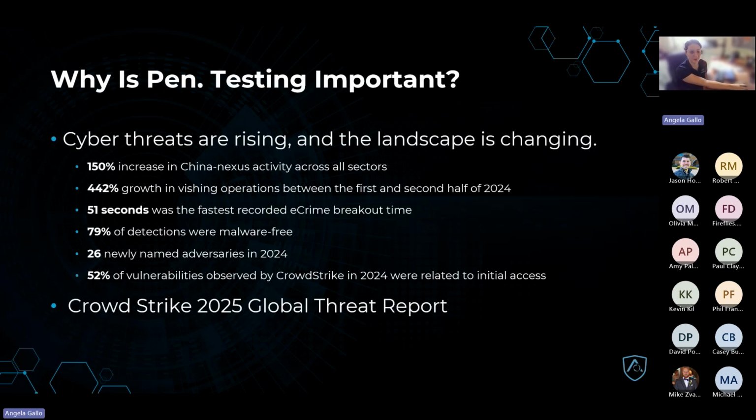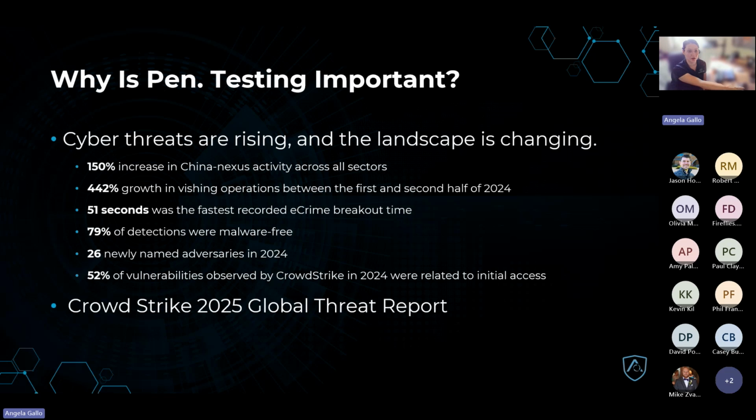Pen tests are important because the landscape for cybersecurity is changing. A study by CrowdStrike, an annual leader in cybersecurity protection, shows these metrics that we're looking at now as what the landscape is.